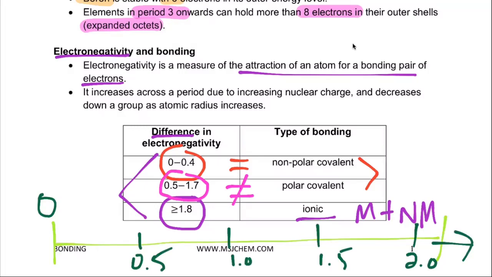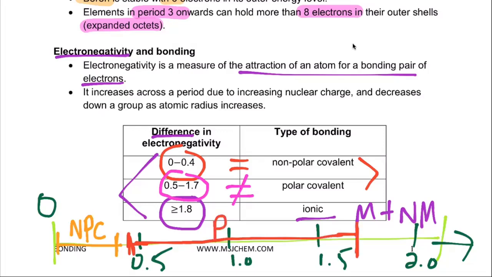But if I wanted to label this, I might say, okay, well, from here to here, that is my non-polar covalent area, that 0 to 0.4. Okay. And then the next section from about 0.5 up to 1.7 ish, that is my polar covalent section.